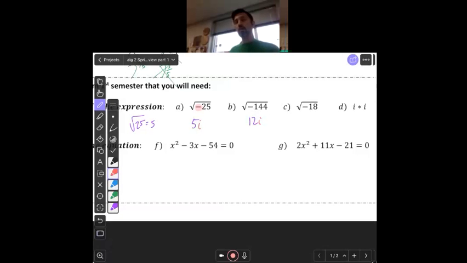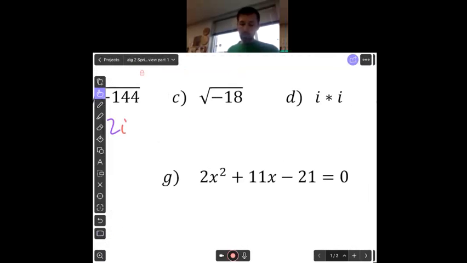And then we look at the square root of negative 18. We know the negative is going to be an i, but then the square root of 18, we would need to simplify. So as I look at the square root of 18, I say, well, how do I break down 18? That's 2 times 9, which is 3 times 3. It's a square root, so we're going for groups of 2. There's a little hidden 2 right there.